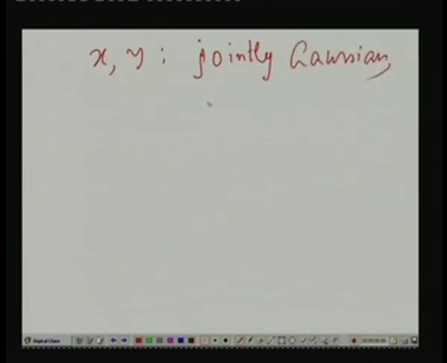Now, let us consider an example. Suppose it is given that x and y are jointly Gaussian with zero mean. Okay.